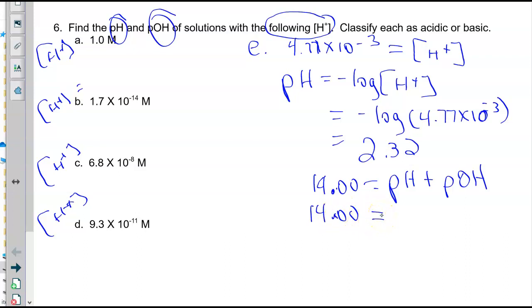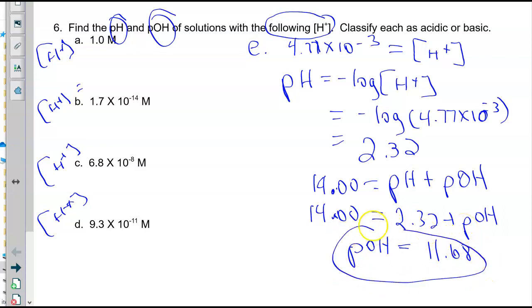This gets you in the habit of knowing what it is. So 14 equals 2.32 plus pOH. To solve for pOH, I take 14 minus 2.32, because it's being added. So pOH is equal to 11.68.